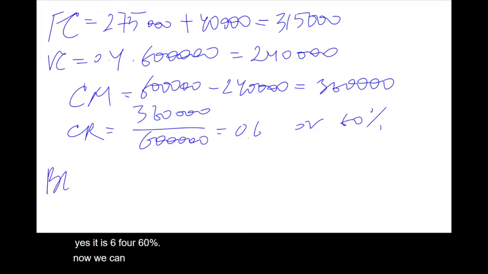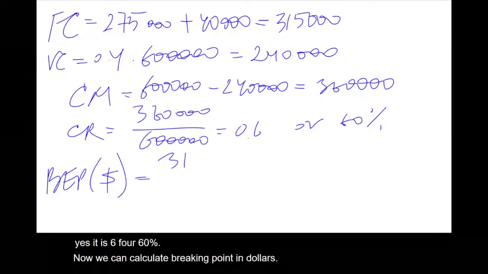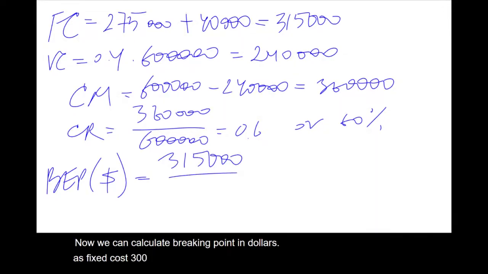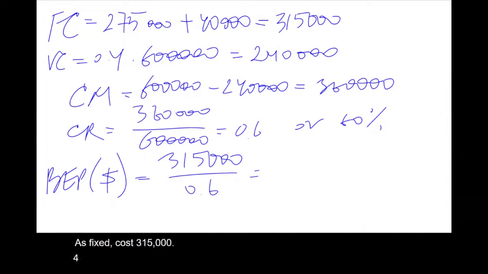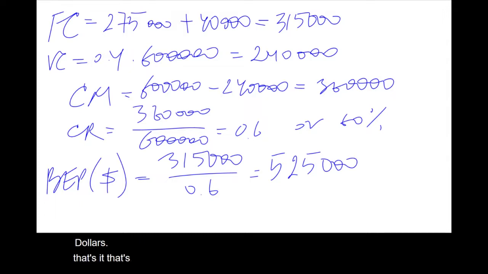Now we can calculate the break-even point in dollars as fixed cost 315,000 over 0.6. It turns out to be $525,000. That's it. That's the break-even point in dollars.